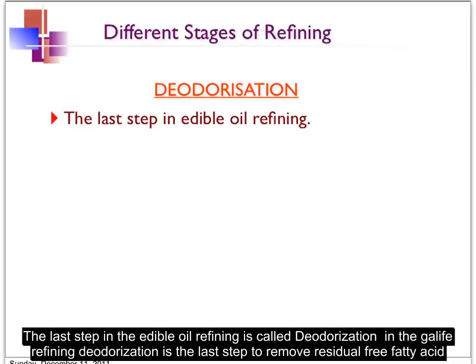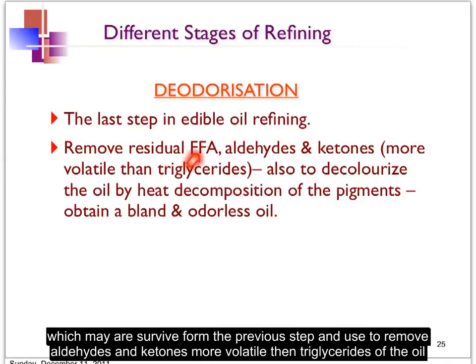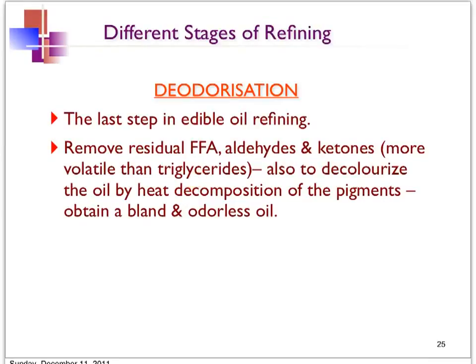The last step in the edible oil refining is called deodorization. In alkaline refining, deodorization is the last step to remove any residual or traces of free fatty acids which may survive from the previous step, and also to remove aldehydes and ketones which are more volatile than the triglycerides of the oil.